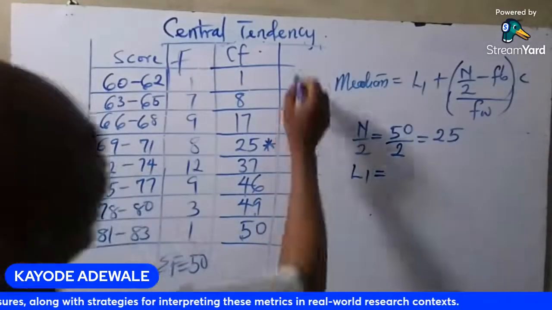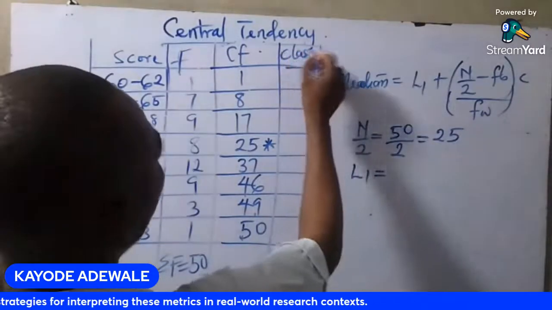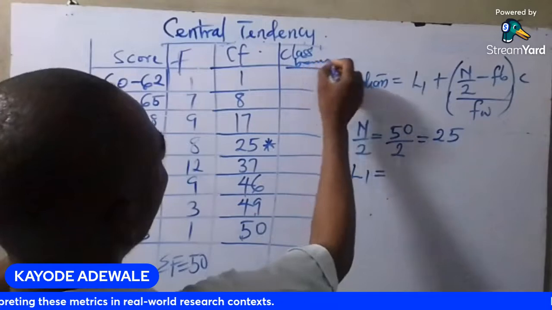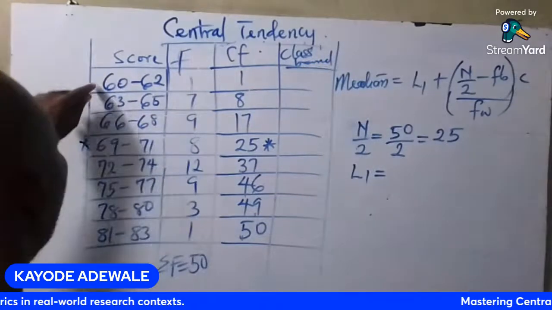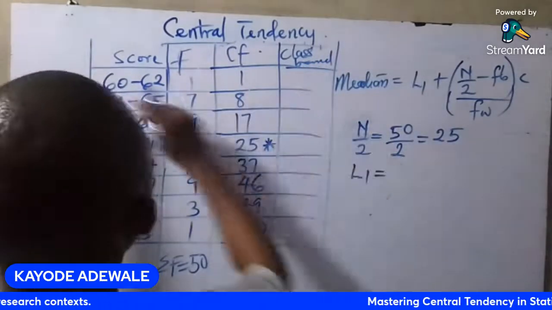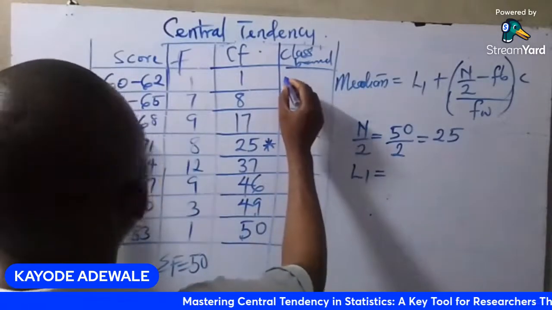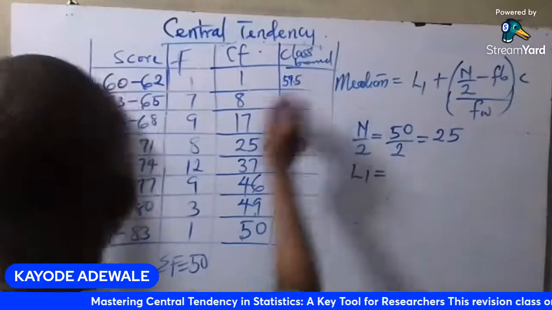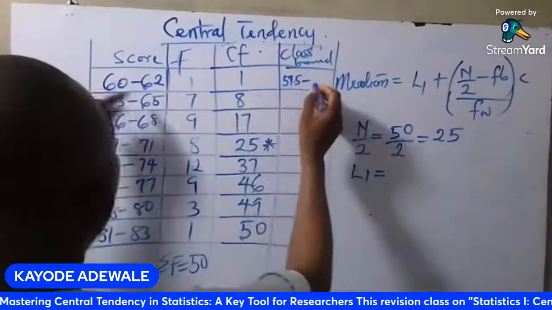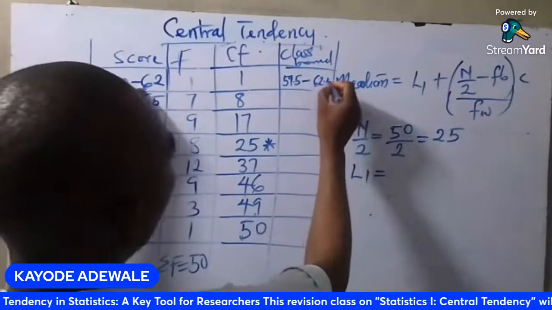If I want to do class boundaries, for the first class you just take 0.5 away, so this becomes 59.5 and 62.5.